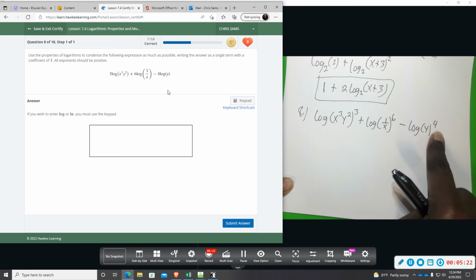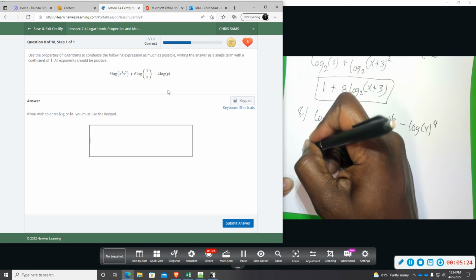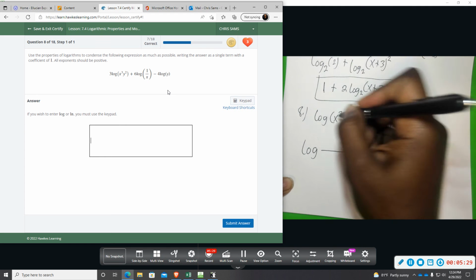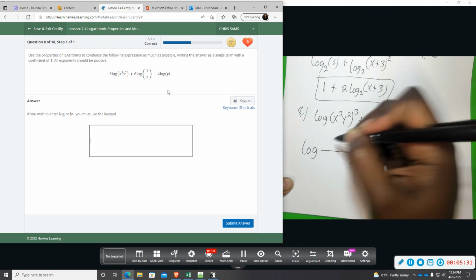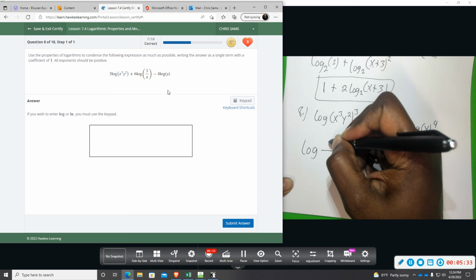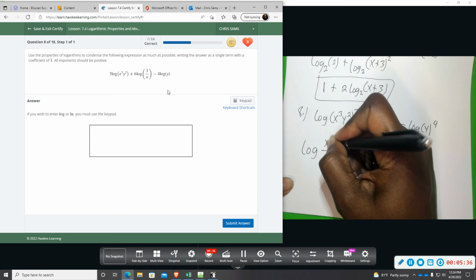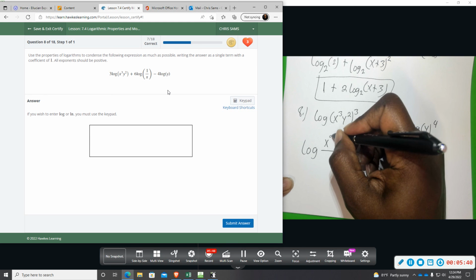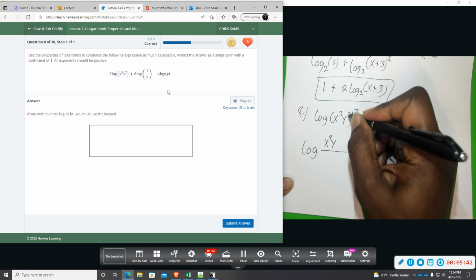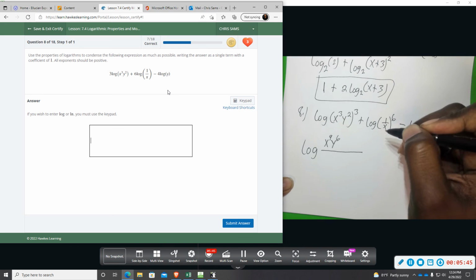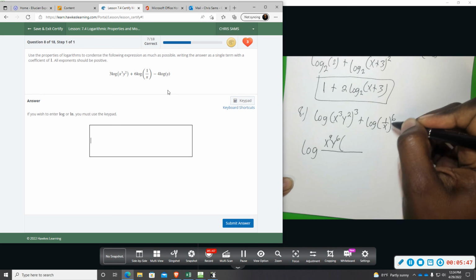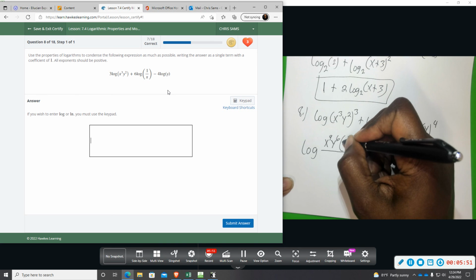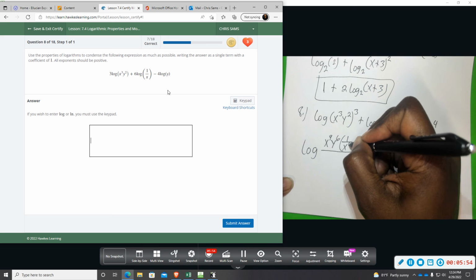So I'm going to combine all of these to be one log, and then the top is going to be x, and I'll go ahead and distribute this. 3 times 3 is 9, and then we got a y. 2 times 3 is 6, and then times this is going to raise both of those to the 6th power, so this is just 1 over x to the 6th.